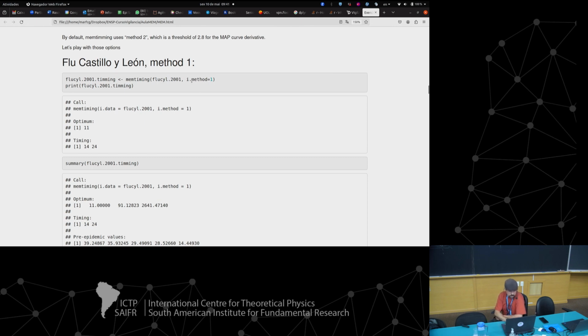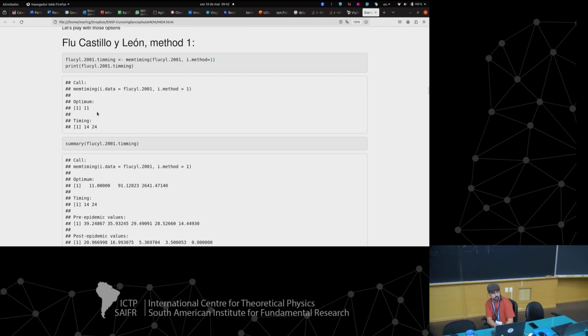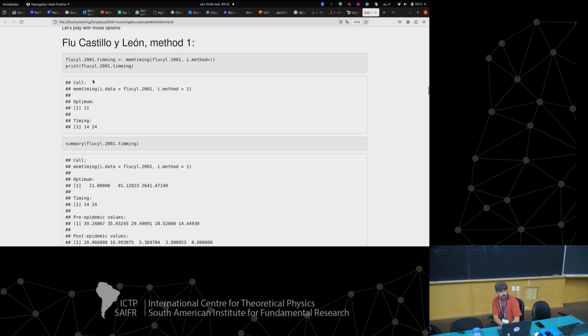And so if I call the function with my object, my data set, and specifying that I want to use method 1, we see now that there has been already a slight change in the outcome. With this method, it says that the duration of the epidemic phase is 11 weeks.